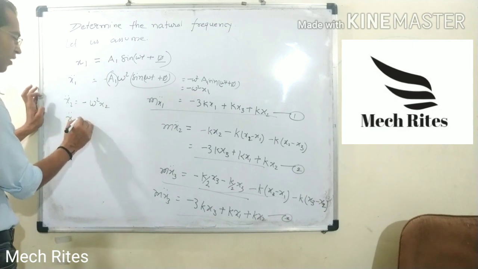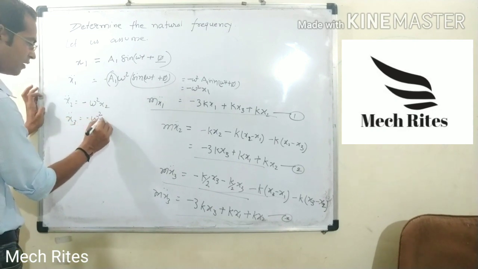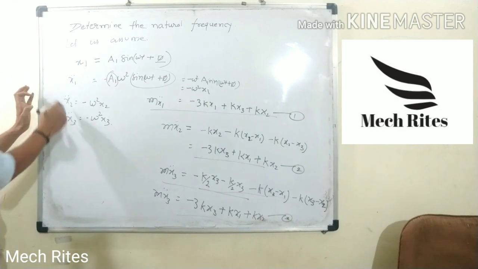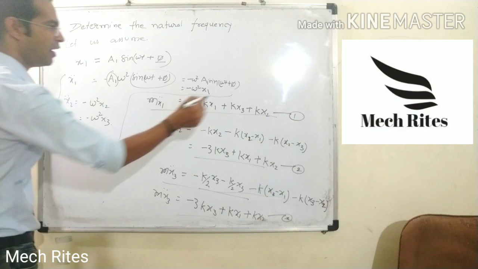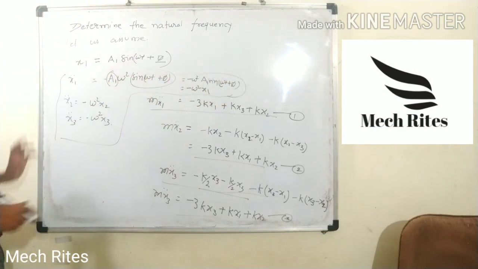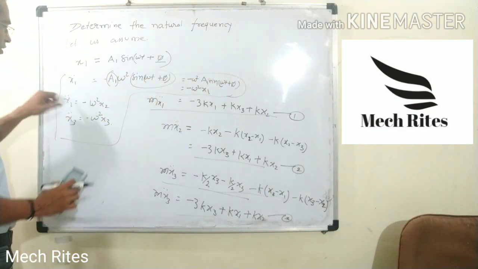And x3 double dot will be minus omega square x3. Now put these three values in equations 1, 2 and 3. So let us see.